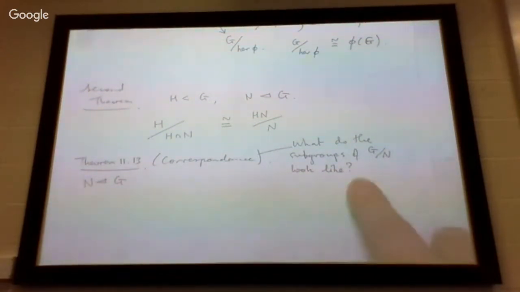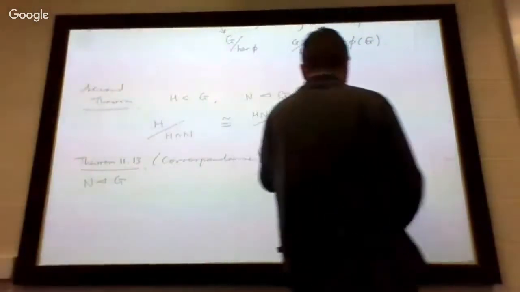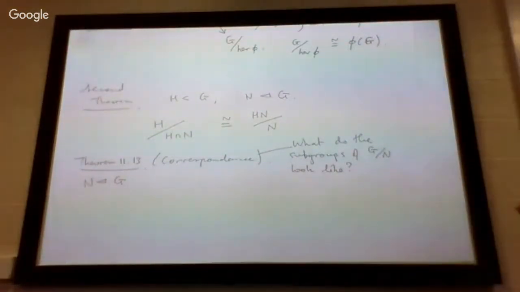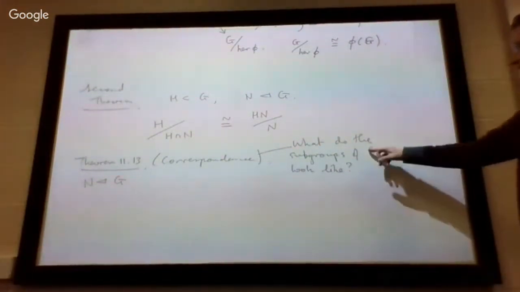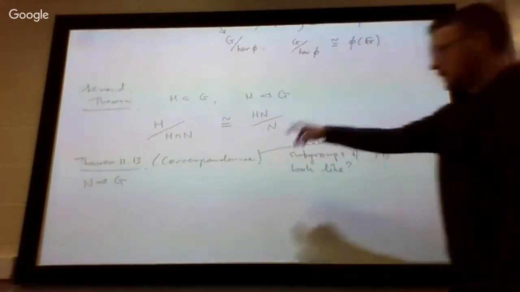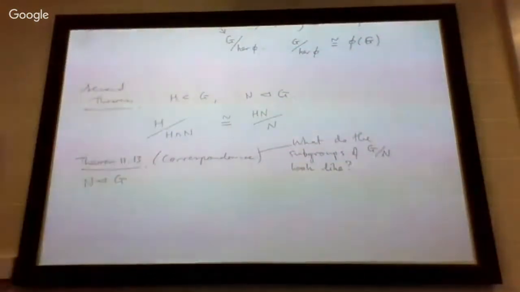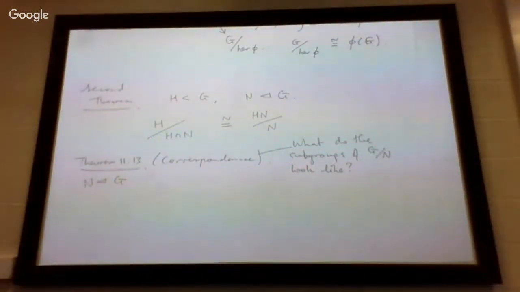Okay, so the correspondence theorem tells us this. You should think of the factor group as being a simplified version of G. We can talk about the subgroups of this by setting up a correspondence with the subgroups of G itself.